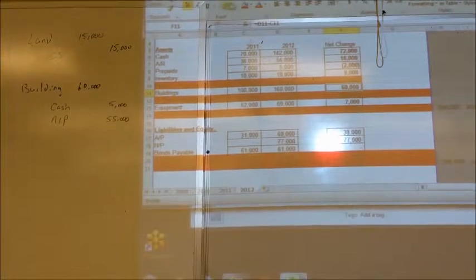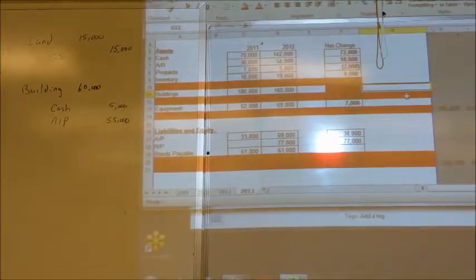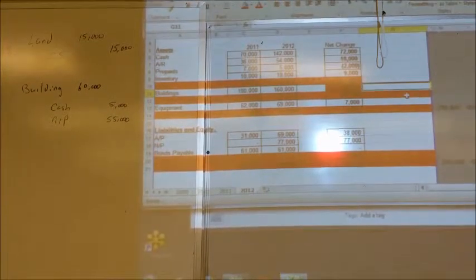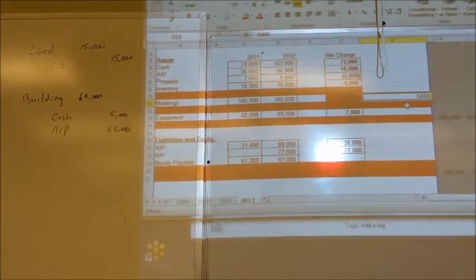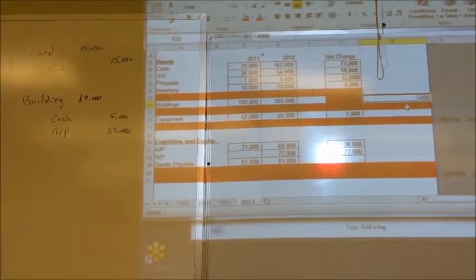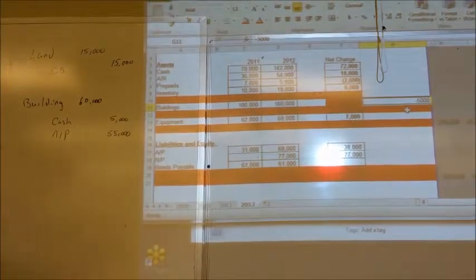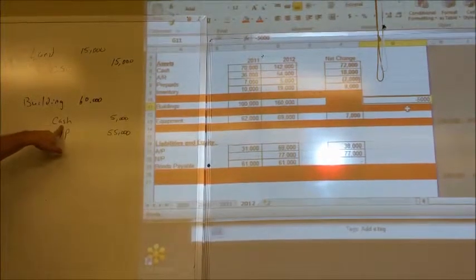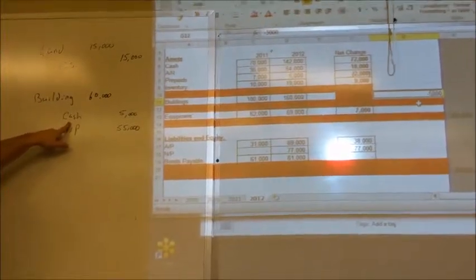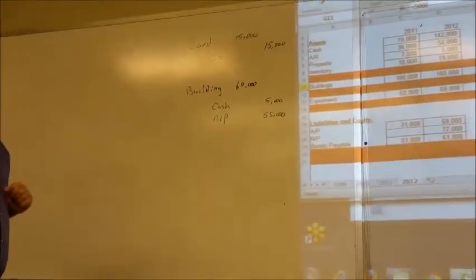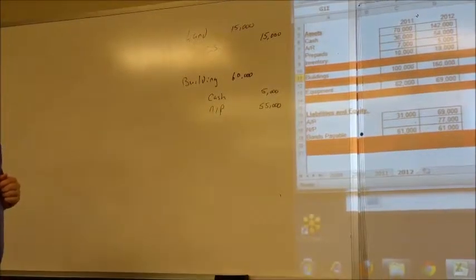I'm just going to mark out this guy and instead put that I lost cash to remind me of $5,000. I'm going to use that I purchased building and the building only cost me $5,000. So now I've explained that 60.